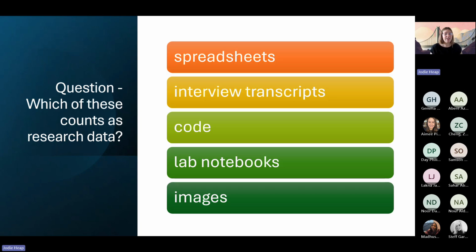Okay, quick question for you to type into the chat. Which of these counts as research data? Is it spreadsheets, interview transcripts, code, lab notebooks, images? Is it any? Is it all? Is it a couple? Let me know what you think.